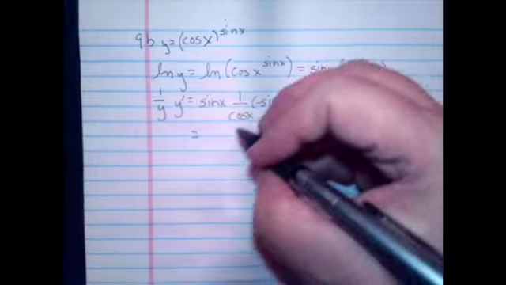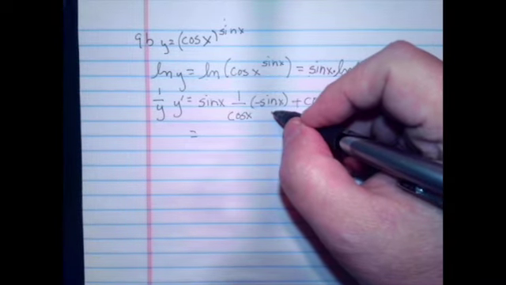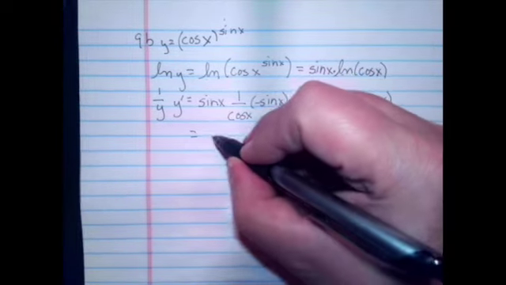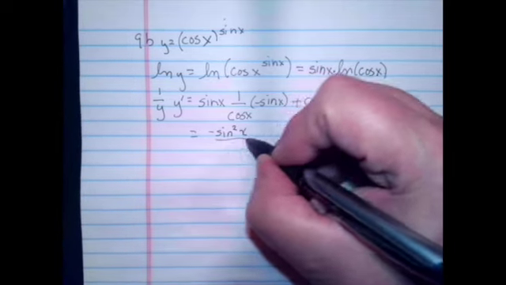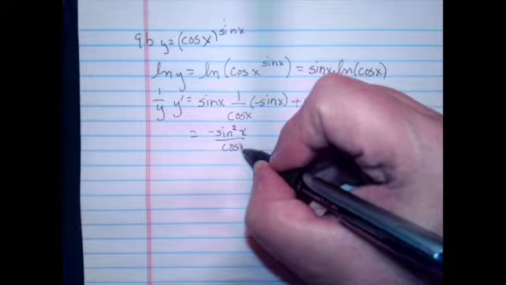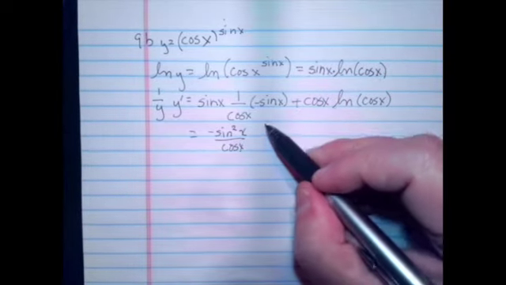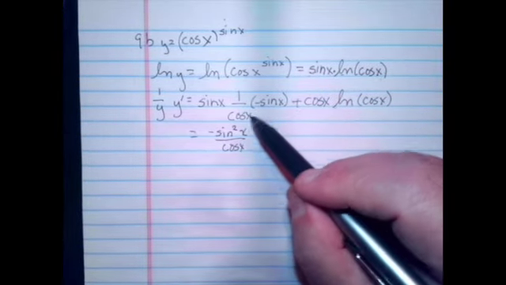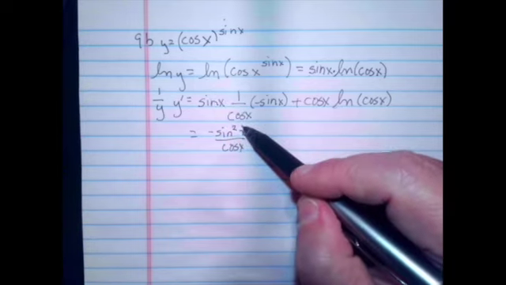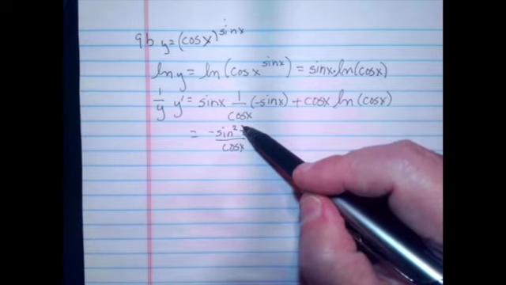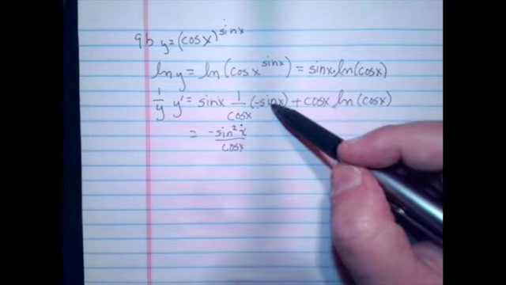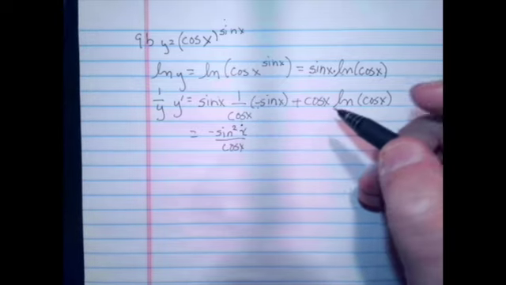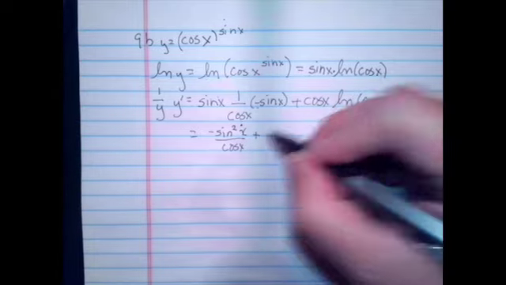And that will probably clean up a little bit. Let's see. That's negative sine squared of x over cosine of x. Another way you could write this is, well, sine of x over cosine of x is tangent of x. So you could write this as negative tangent x times sine x. Maybe I'll do that on the next line.